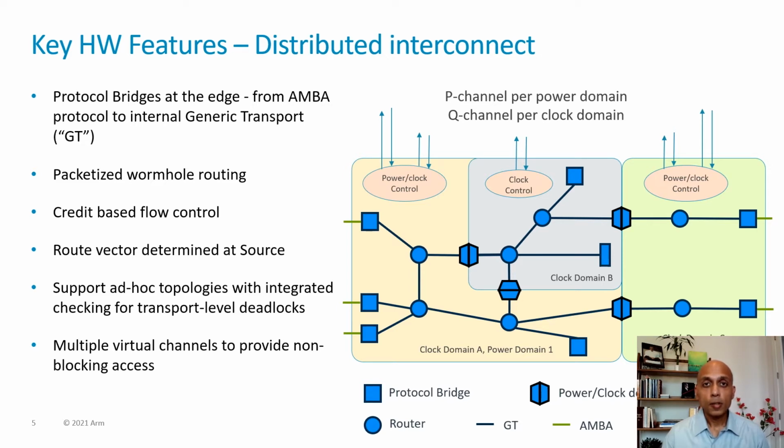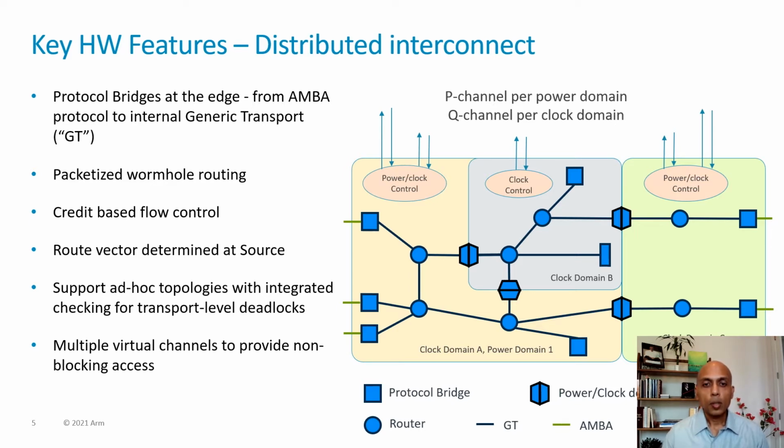The blue circles are the routers. They can also be upsizers or downsizers that natively upsize or downsize between different link widths in the interconnect. And the blue hexagons that are divided into 2 halves are the power and clock domain crossings, which are also natively supported in the interconnect.